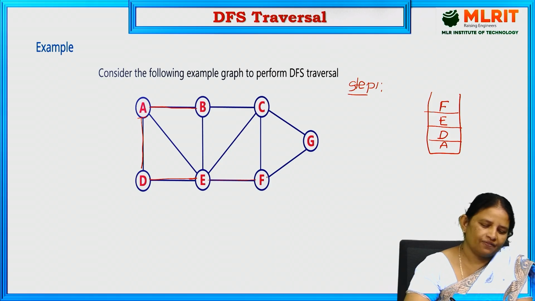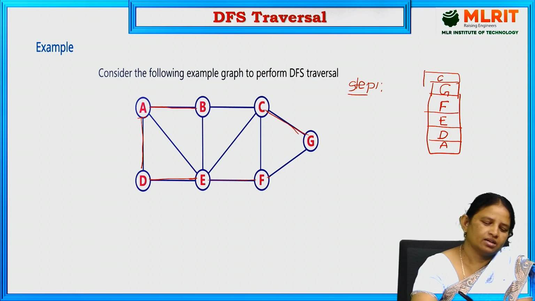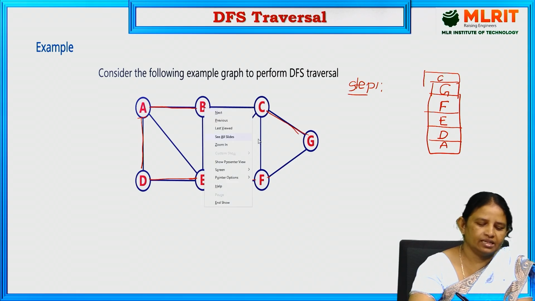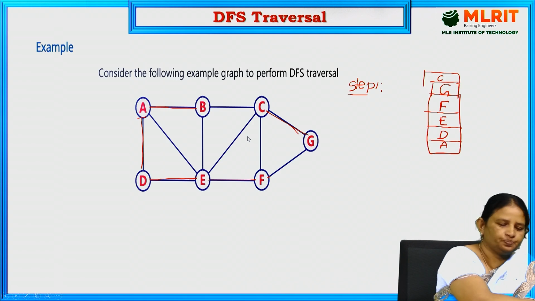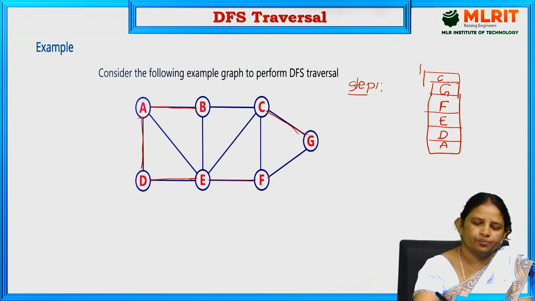Next, F's adjacent is G. Next, G's adjacent is C. Next, C's adjacent are E and also B. So we take B, which is adjacent to C.